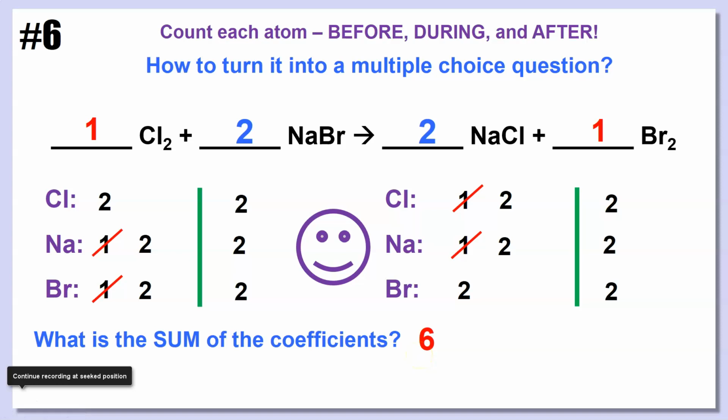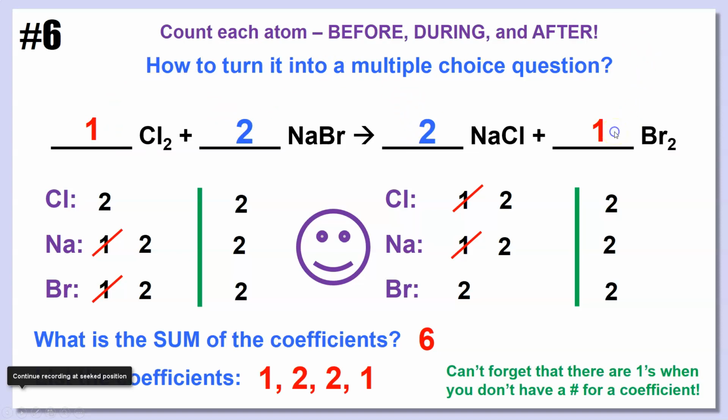The other way to do this is I could be asking you to list the coefficients. You list from left to right, you separate them with a comma. So the answer would be 1, 2, 2, 1. You can't forget on either of these methods that there is a 1 present. Okay?